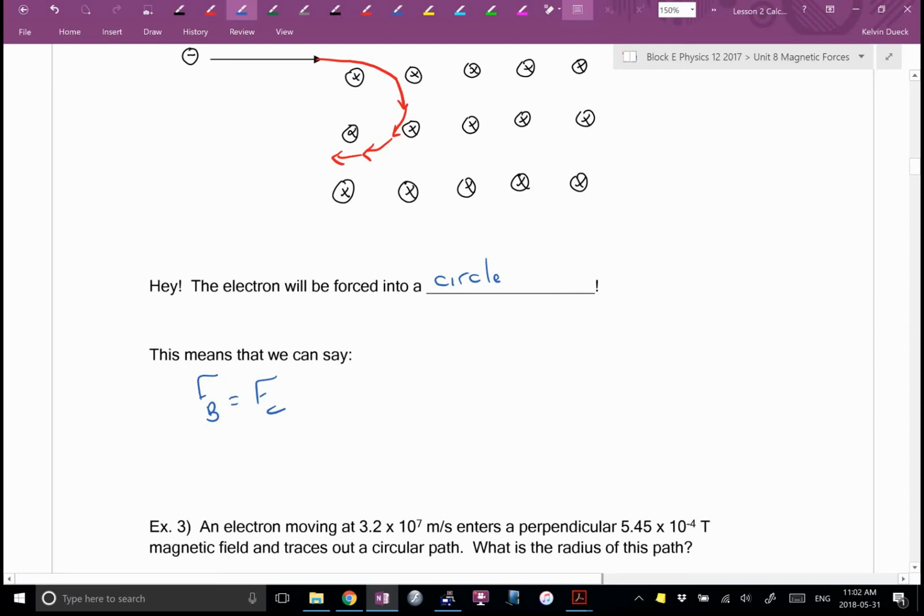Unlike gravity pushing me in a circle, here it's magnetic force pushing me in a circle. This is why particle accelerators are built in the shapes of circles. This is why the Large Hadron Collider is circular, because it's really easy to naturally bend particles in a circle.